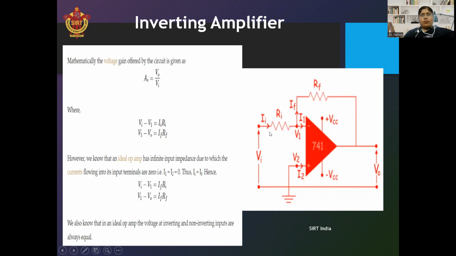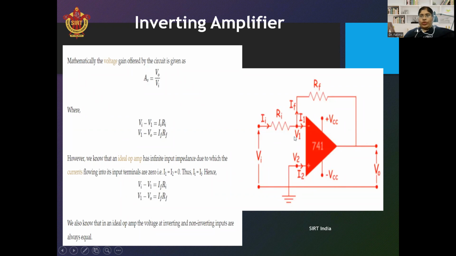Now calculate the voltage drop across this resistance and across this resistance. The voltage drop across this resistance is Ii Ri. This is equal to Vi minus V1, where Vi is present at this terminal of the resistance and V1 is present at this terminal of the resistance. Now the voltage drop across the feedback resistance is equal to IF RF.